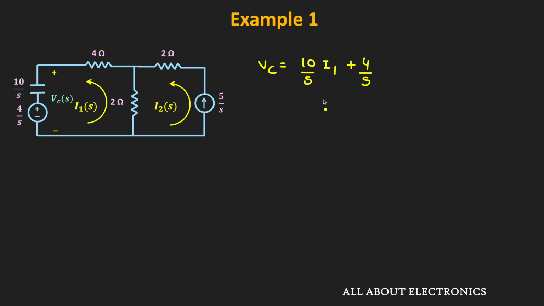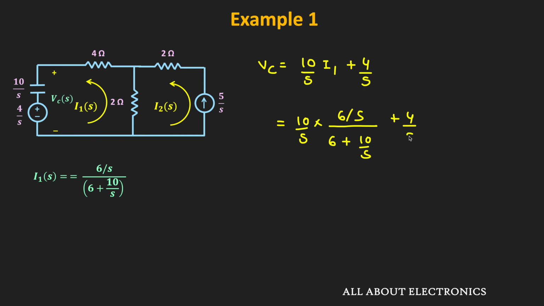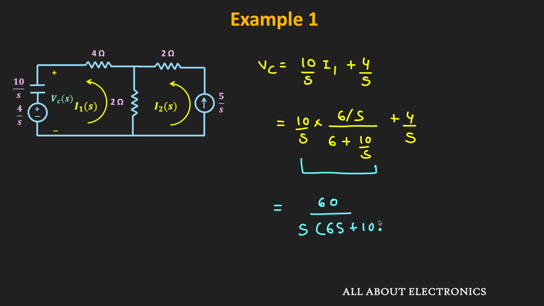Then we can write it as 10 divided by s times 6 divided by s divided by 6 plus 10 divided by s, plus 4 divided by s. If we further simplify it, we can write it as 60 divided by s times 6s plus 10, and over here we will also have 4 divided by s.